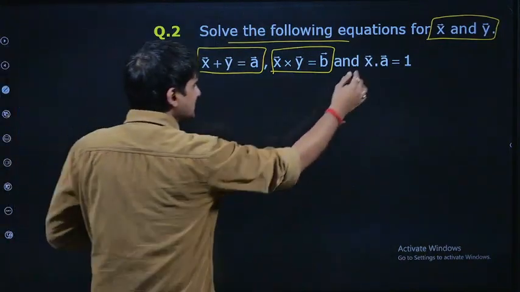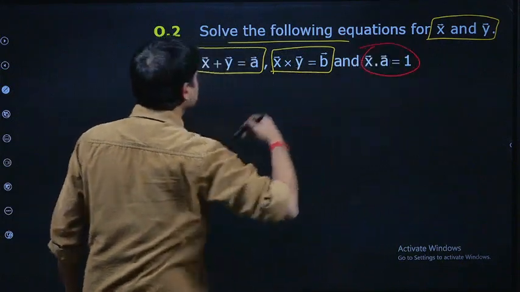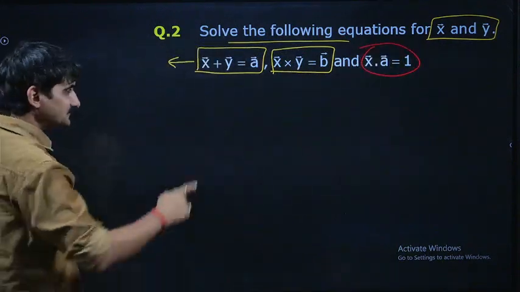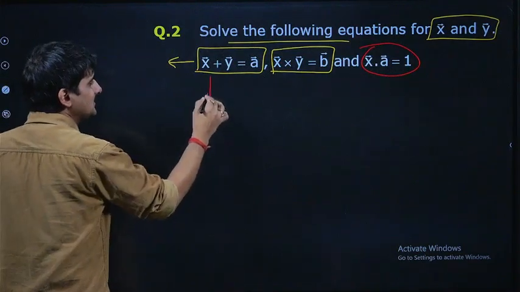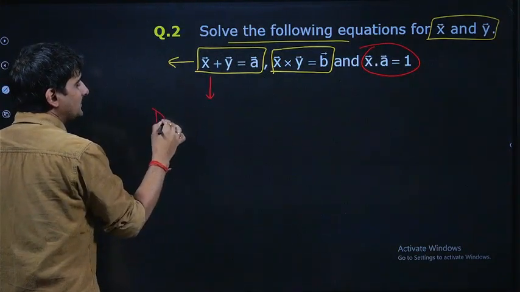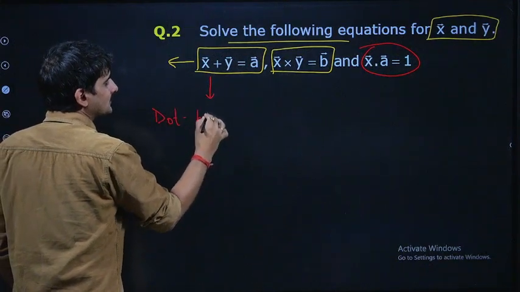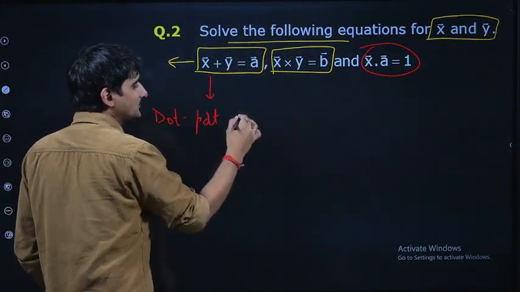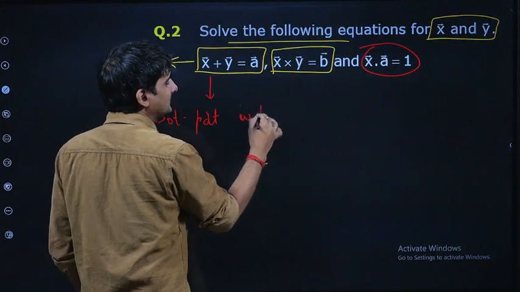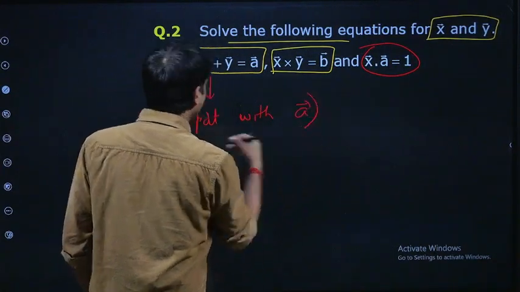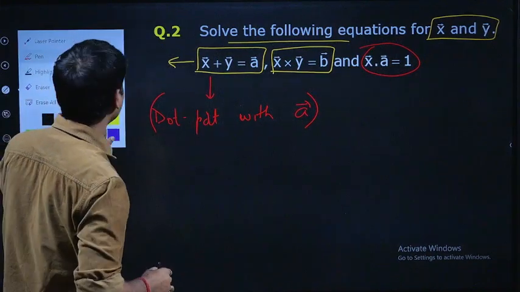So to use this information, see, how did I start? I said, okay, to use that information, I will take dot product of this equation, both the sides, with vector a. So taking dot product with vector a for this equation, what do we get?